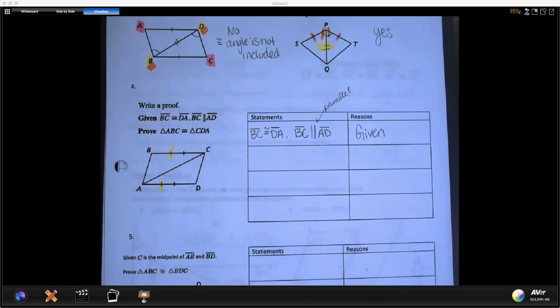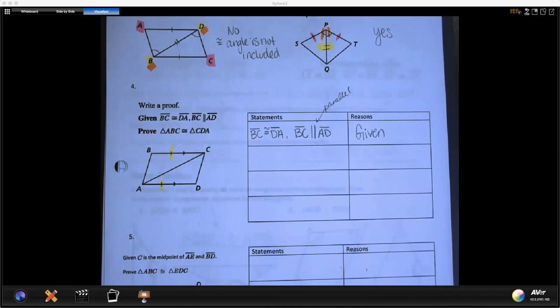Now with parallel lines, what can I prove from the last unit that we learned? What can we prove when we have parallel lines? We can prove something's the same, right? We can prove angles, okay?